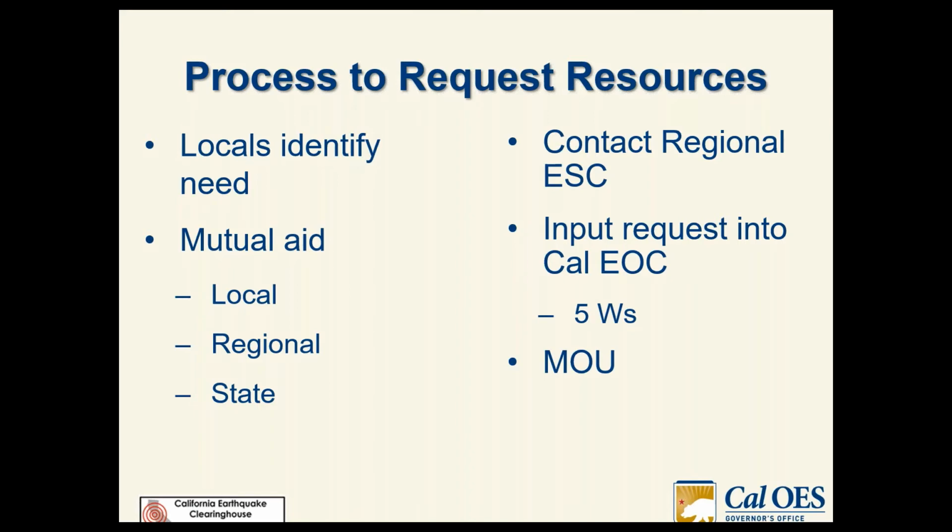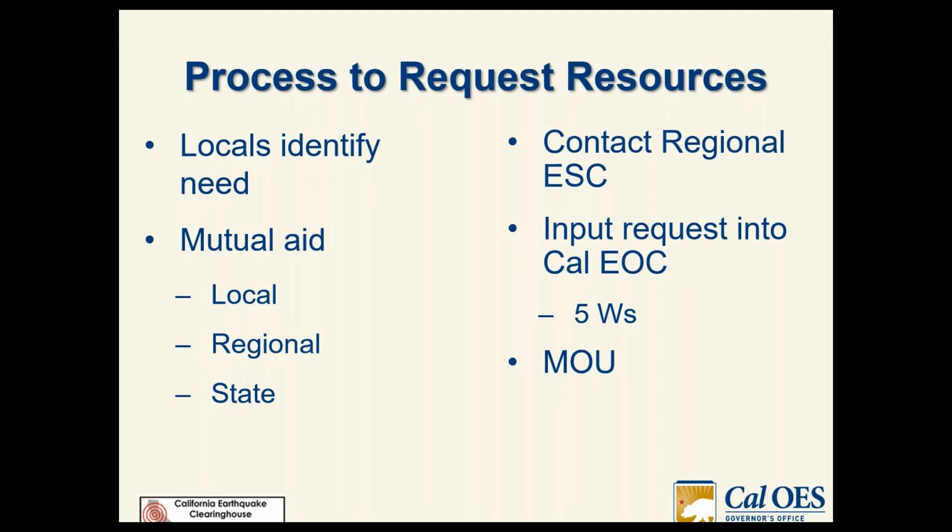Mutual aid can come through, say the disaster is at the city level, and a city is looking to request mutual aid, they can look to neighboring cities. If they find out that the neighboring city is overwhelmed as well, and is going to be using all of its organic resources to address the disaster within its jurisdiction, they can reach out to the county and try to work the request through the county.